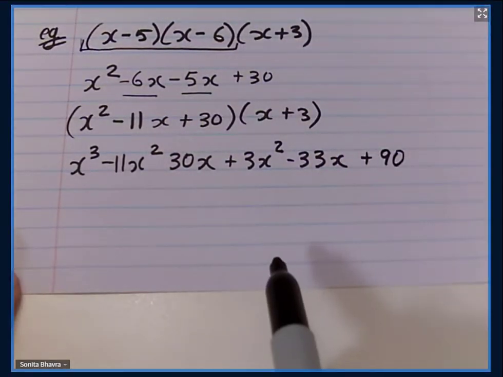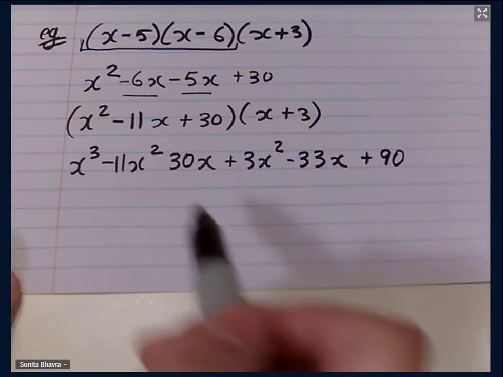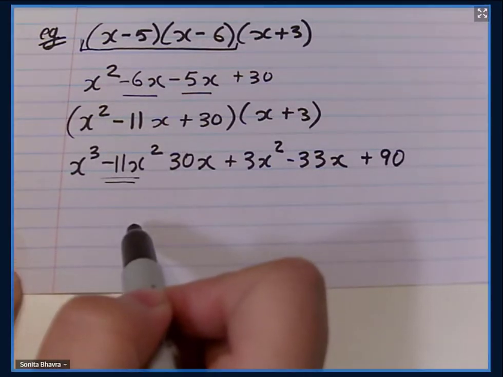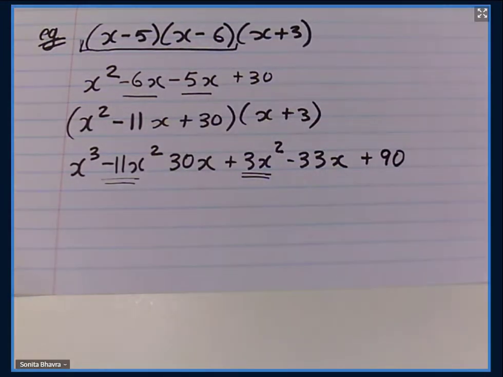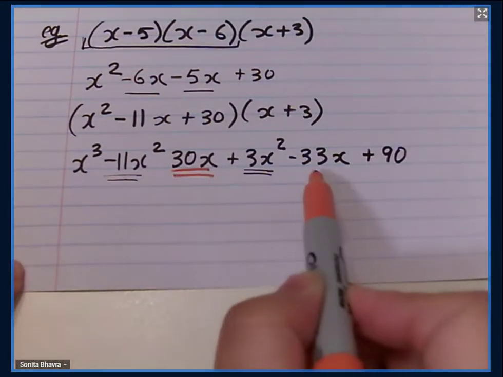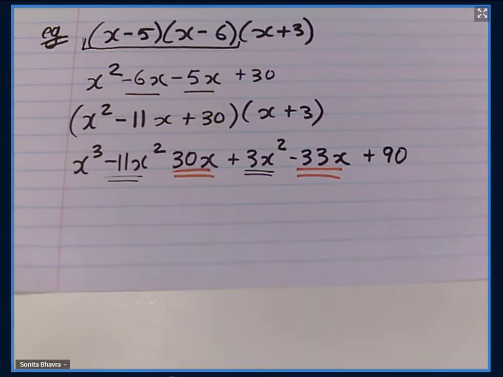And then we would collect our like terms. So we have negative 11x squared and 3x squared. And then we have the 30x and the negative 33x that we would collect together.